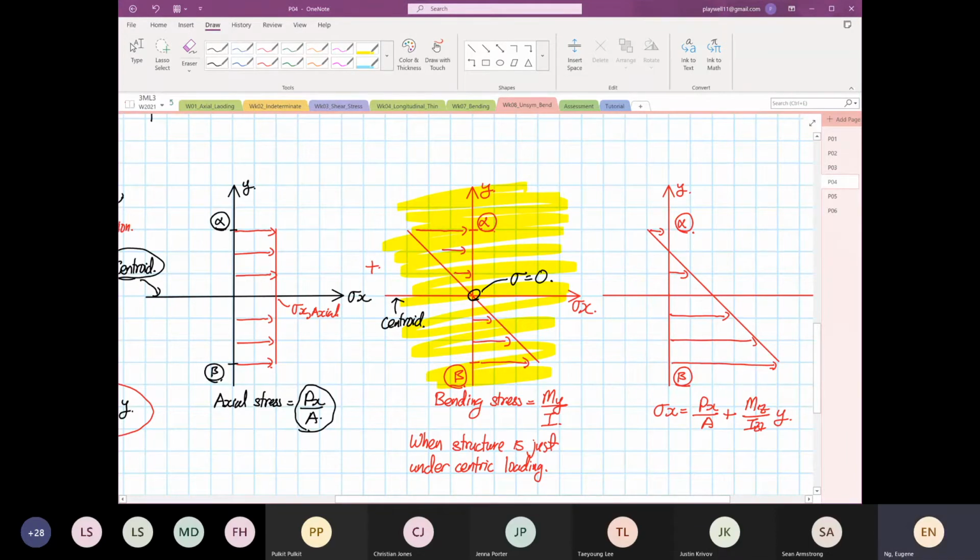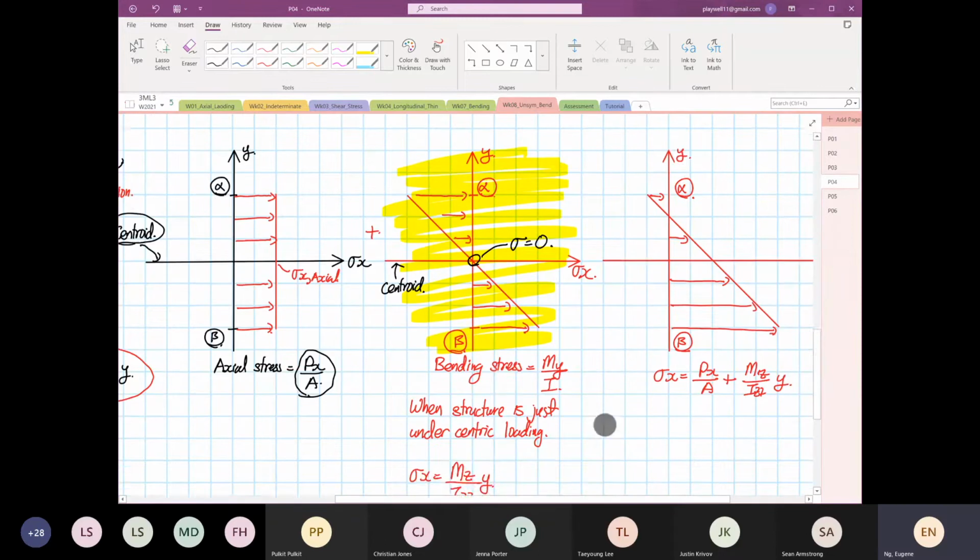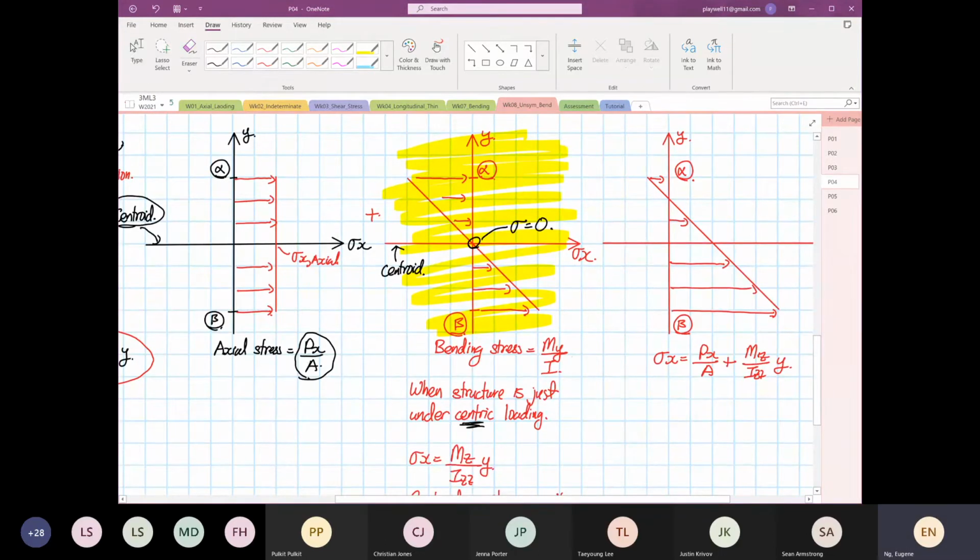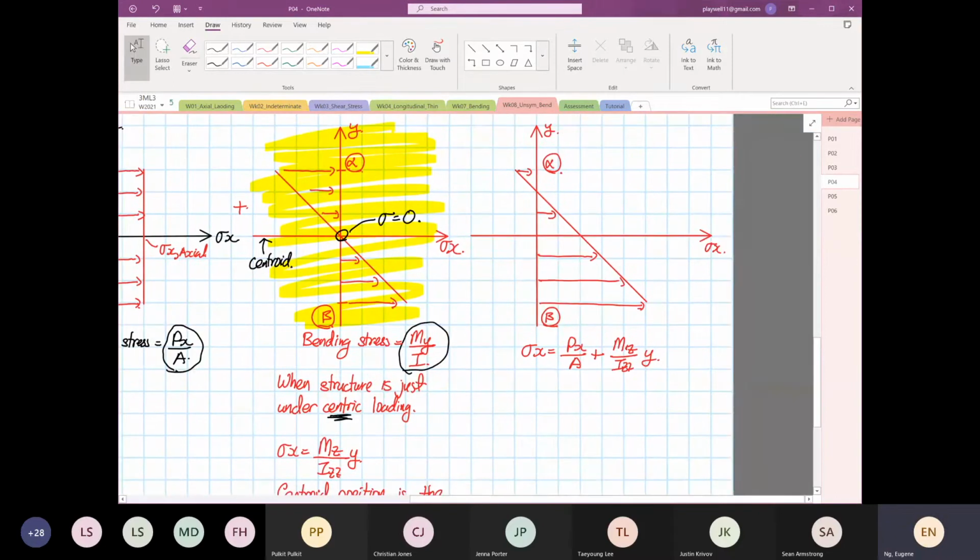Right? Our normal stress. This is because it's under centric loading. You apply My over I, which is what we have been doing. So what we have been doing last week is all classified under what? Centric loading.